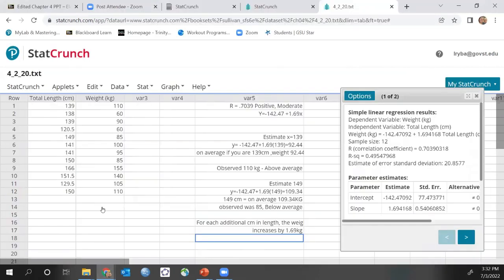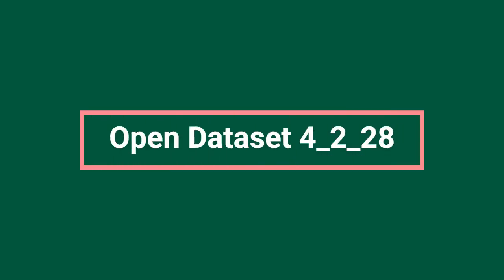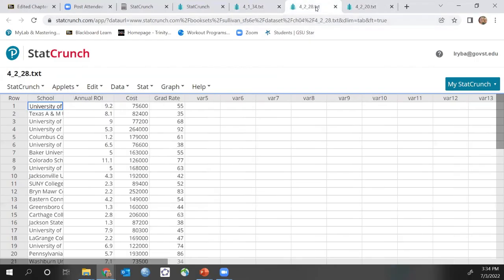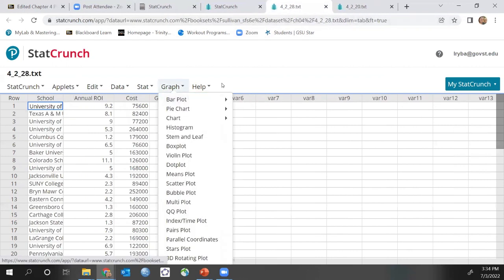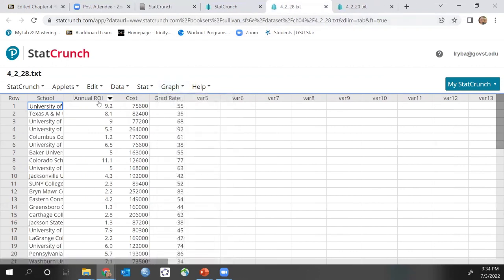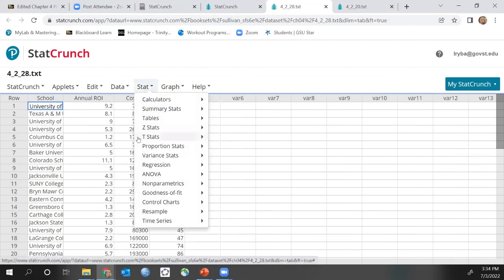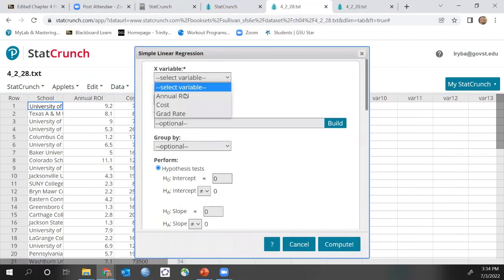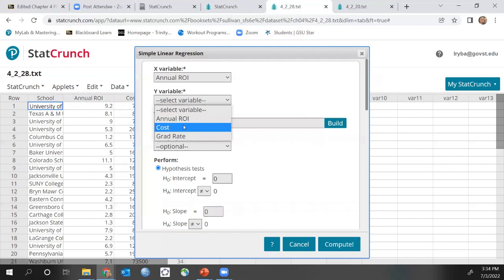Let me see what else I have here. Okay, length and weight. This is another one where it would make no sense to discuss the y-intercept. All right, let's do this one. We have our annual return on investment and our cost. So let's graph that one. Stat, regression, linear with your ROI to your cost.